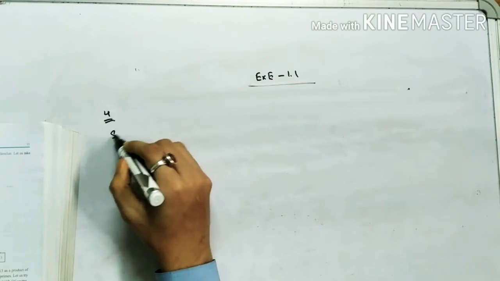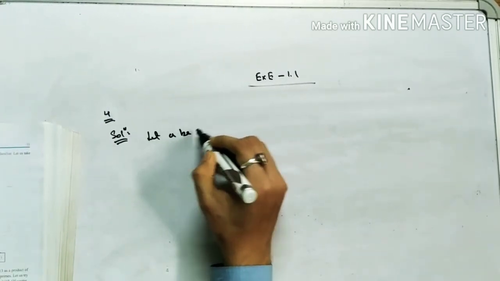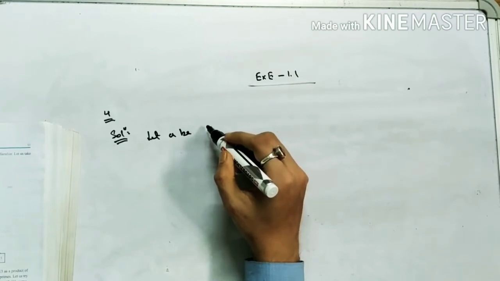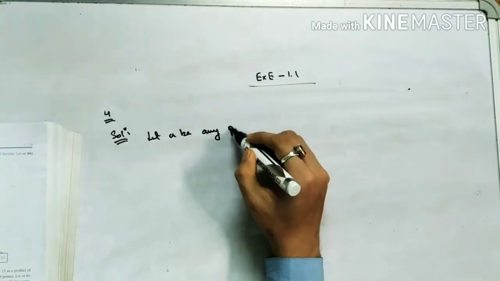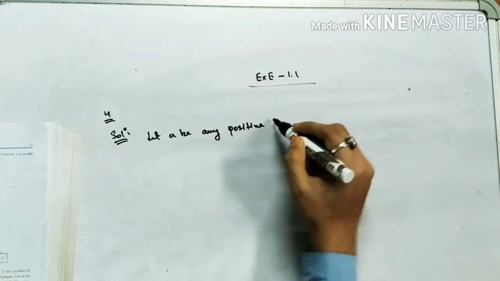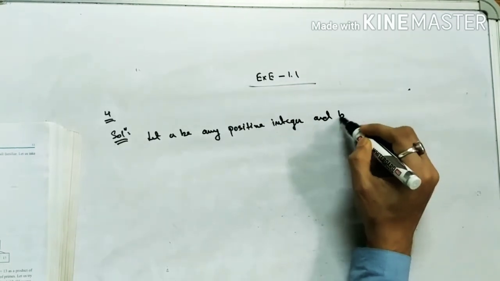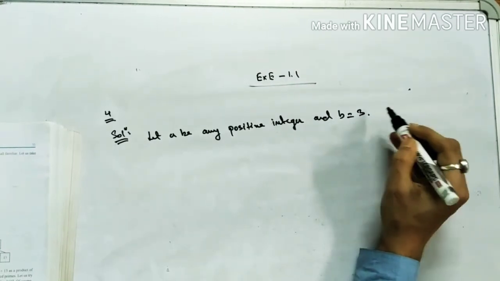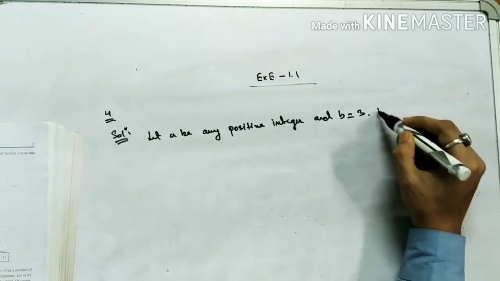Okay, so in here first of all I will take, let a be any positive integer, and b is equal to 3.